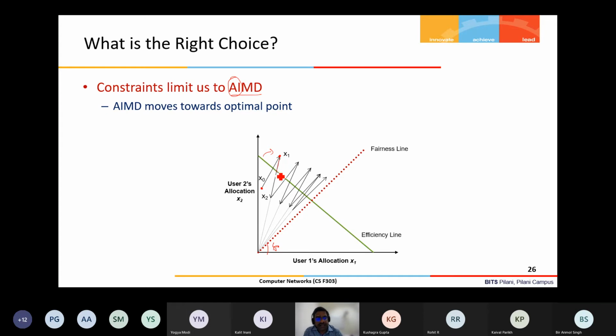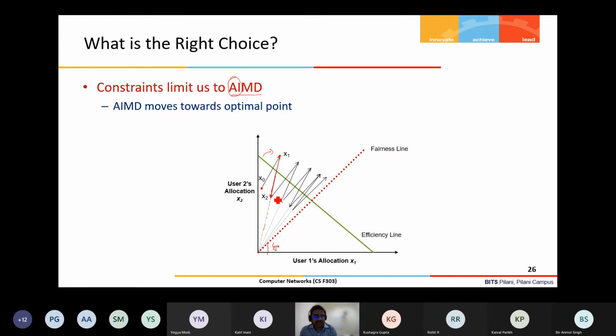So the multiplicative decrease means from x1 the system will reach a new point x2, and that line will be basically an extension from the origin, right? So in this direction. So this is my multiplicative decrease. Now, because it is below the efficiency line, both will increase. So my increase is additive.